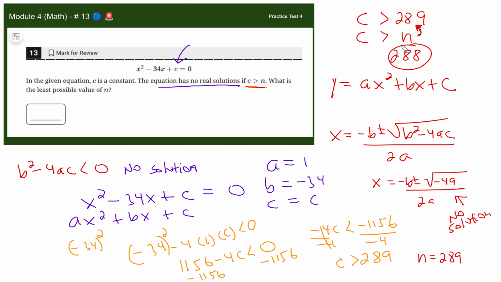The next numbers it could be are 290, 291, 292, all the way forever. But the smallest number it could possibly be is 289. So the answer is 289.